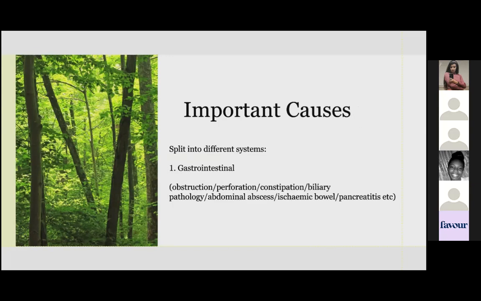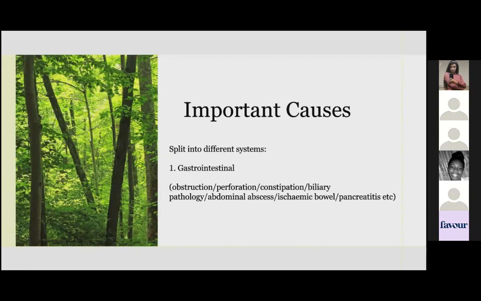So thinking about the causes of acute abdomen, I like to split these up into different systems, and the most logical one to start with is the GI system. So a bowel obstruction or bowel perforation can cause acute abdominal pain. Constipation is a more benign and obviously a lot less worrying cause of pain, but this is a diagnosis of exclusion.